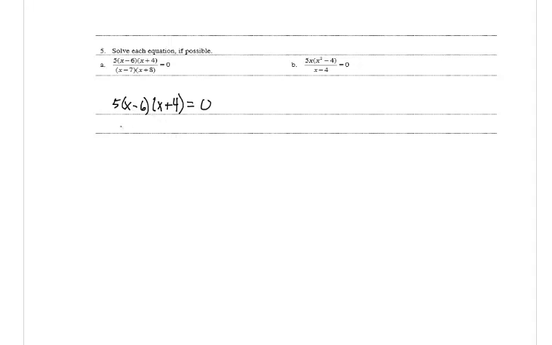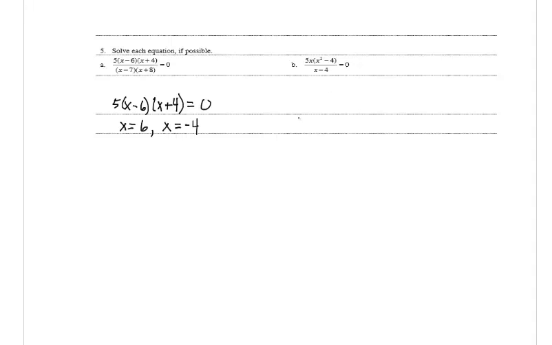So we have x is equal to 6 and x is equal to negative 4. And now we need to make sure that 6 and negative 4 do not make the denominator equal to 0. And our denominator would be 0 at 7 and negative 8. So our denominator is not 0 at 6 and negative 4. So this equation equals 0 at 6 and negative 4.